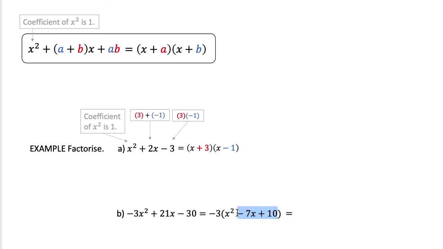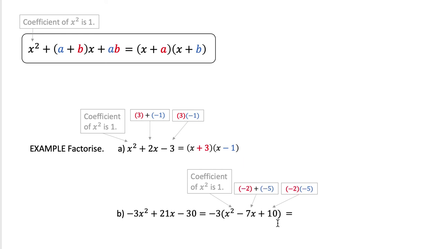And now if we have a look at the terms inside the brackets, then we can see that inside the brackets, the coefficient of x squared is 1. And then let's try to figure out the two numbers so that their sum is -7 and their product is +10.